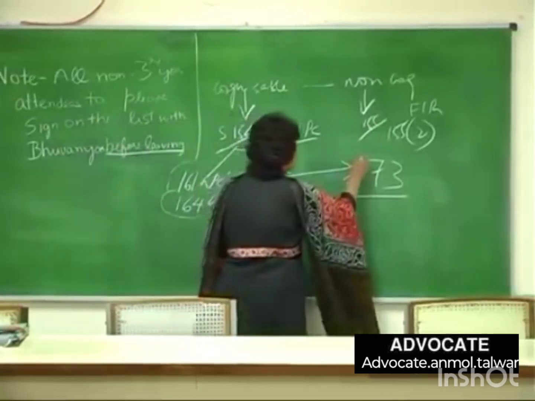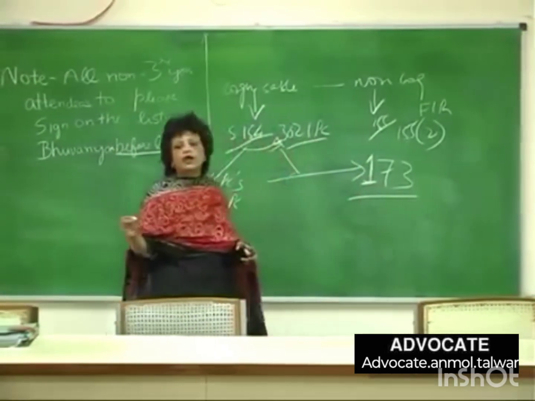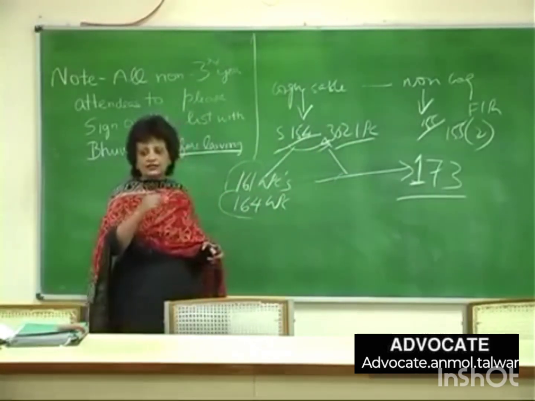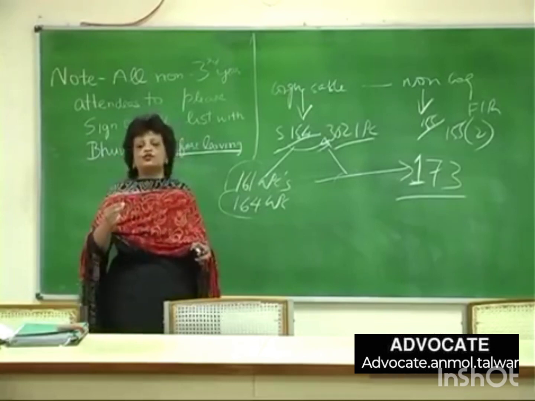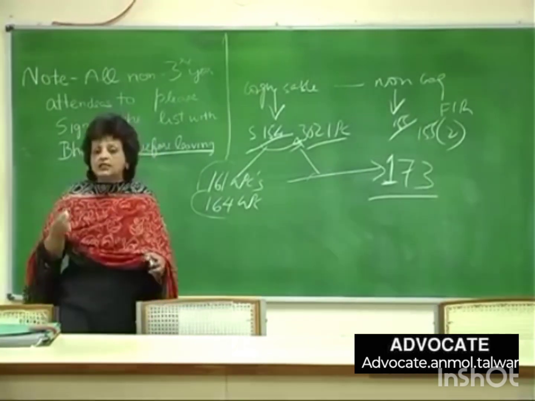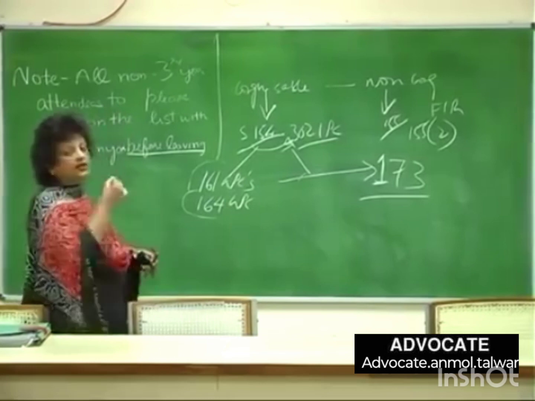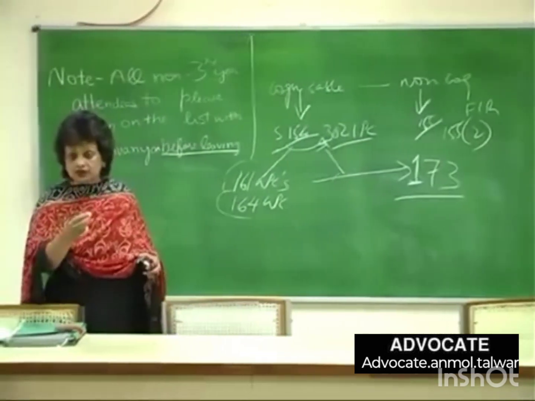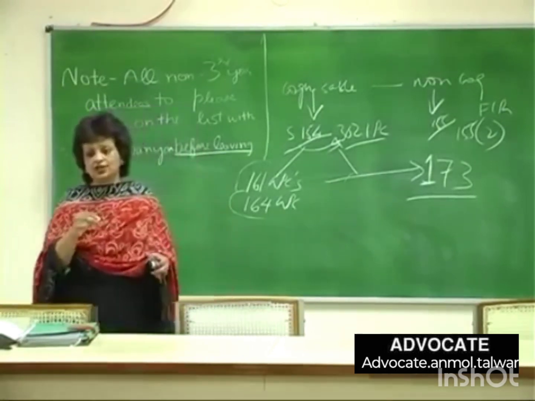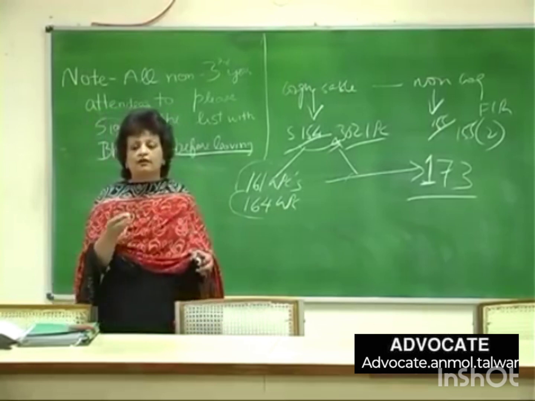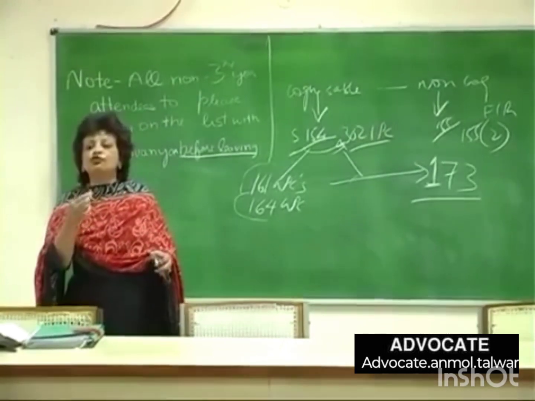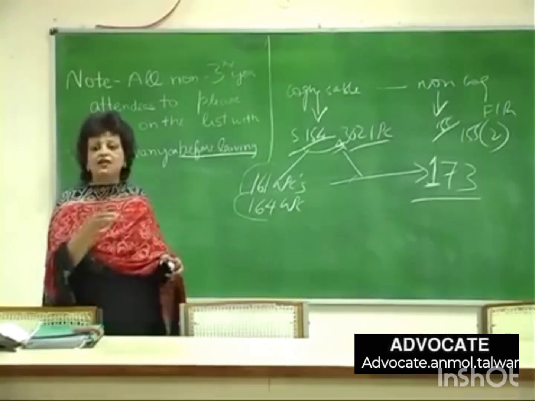Now, a 173 report contains the elements of the investigation, includes the FIR, all the statements of witnesses, all the documents. It could end with the police asking the court to summon the accused and to proceed with trial. But it could end with the police closing the investigation, saying that no materials are forthcoming to justify investigation, and therefore we are asking you to close the investigation. That is loosely known as a closure report.